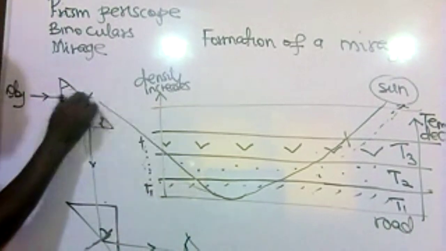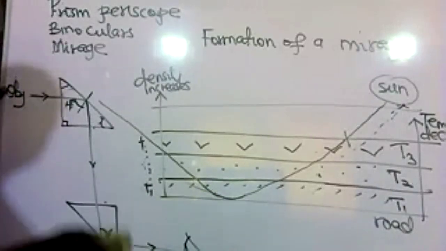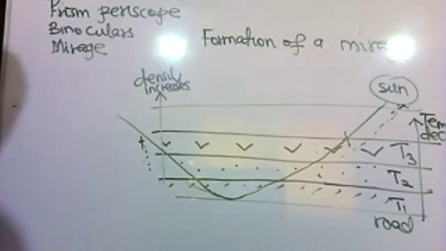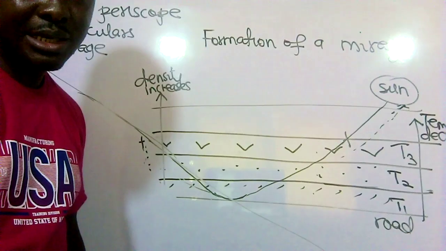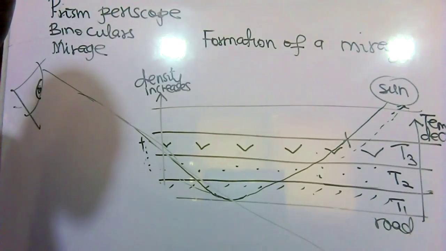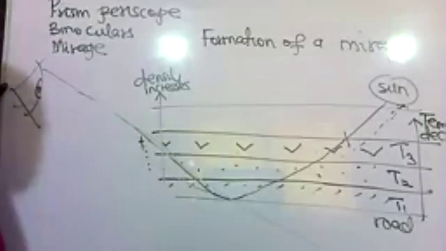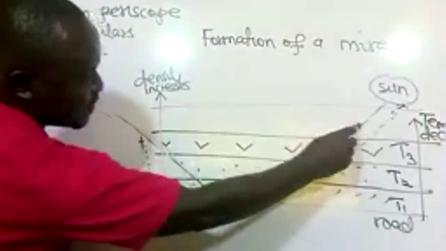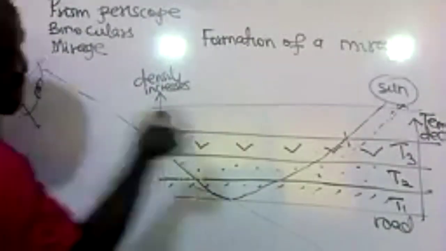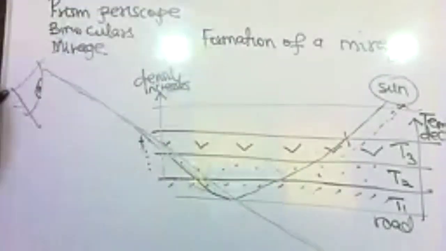So an observer at a distance, because of the successive or progressive deviation of the ray from the sun, would see the image of the sun as if it's a pool of something on the road.